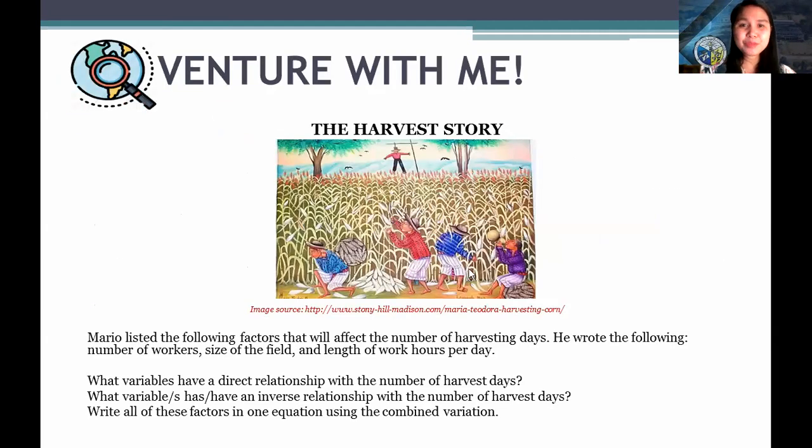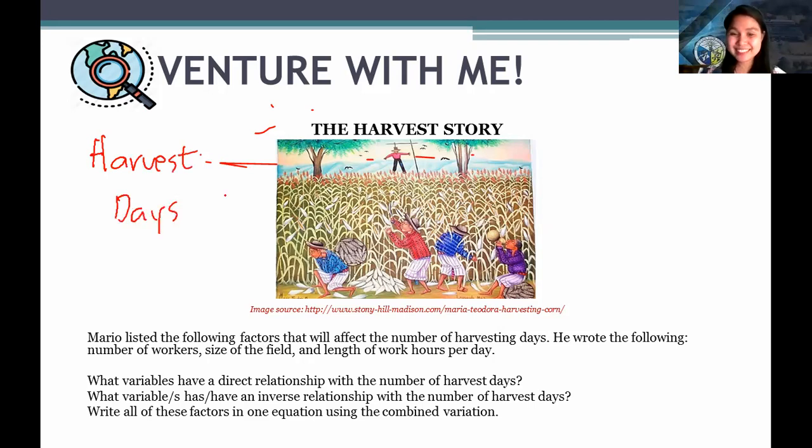Remember last time, we have talked about the harvest story. Now, think, what will be the possible factors? Can you tell me what possible factors will affect the number of our harvest days? Anyone? What do you think can make the harvesting days faster?